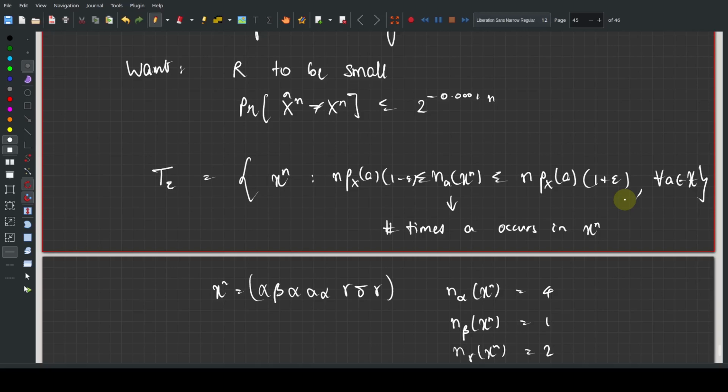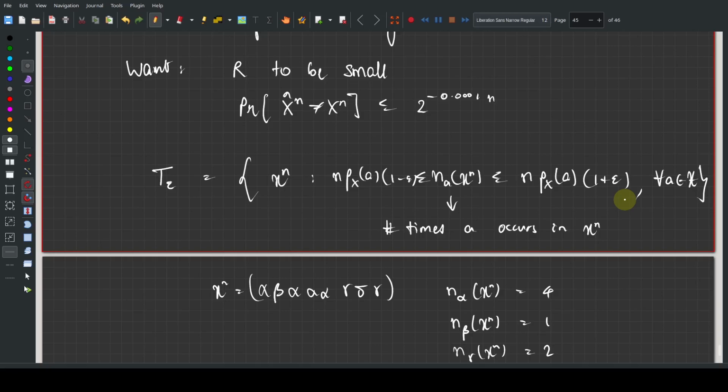So if I pick a random sequence drawn according to P_X, what would you expect the fraction of zeros, ones, twos, threes to be? They should be close to their corresponding probabilities. So intuitively, you would expect this set to have high probability. Correct?